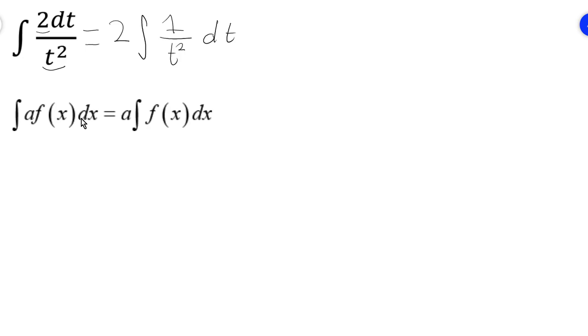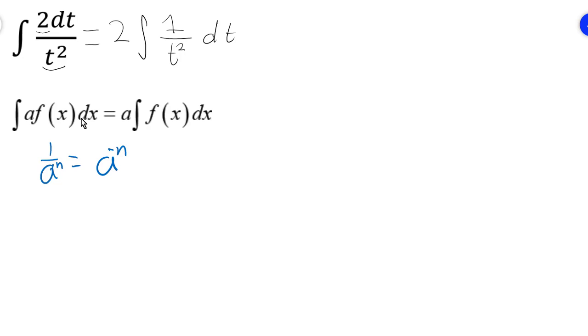Now we can apply the next rule, which is a radical rule, where whenever we have something like 1 over a to the n, this is going to be the same as having a to the minus n.